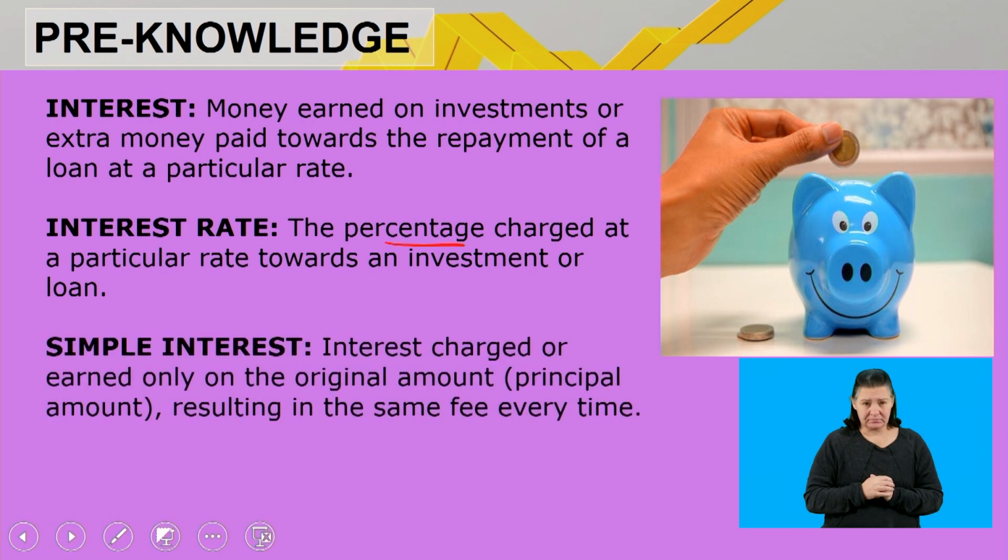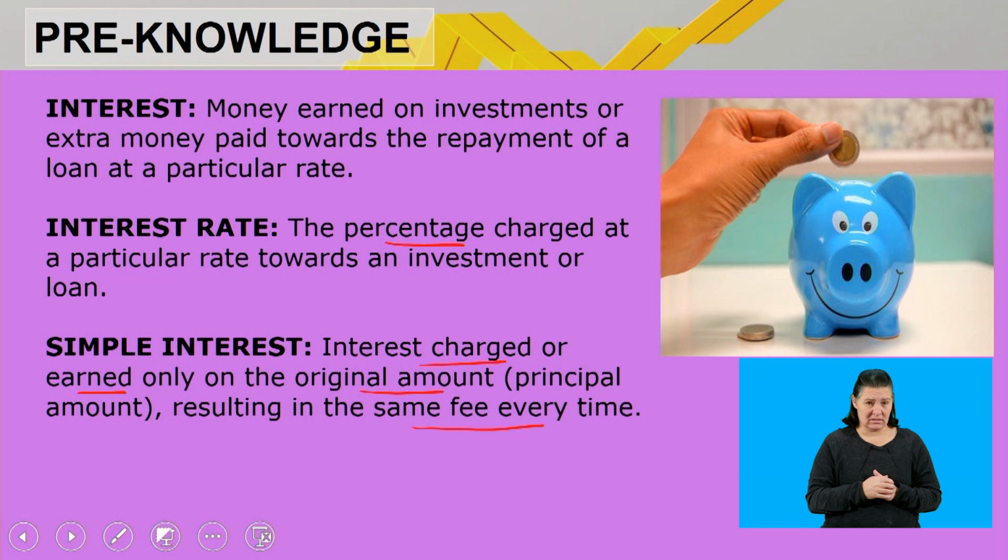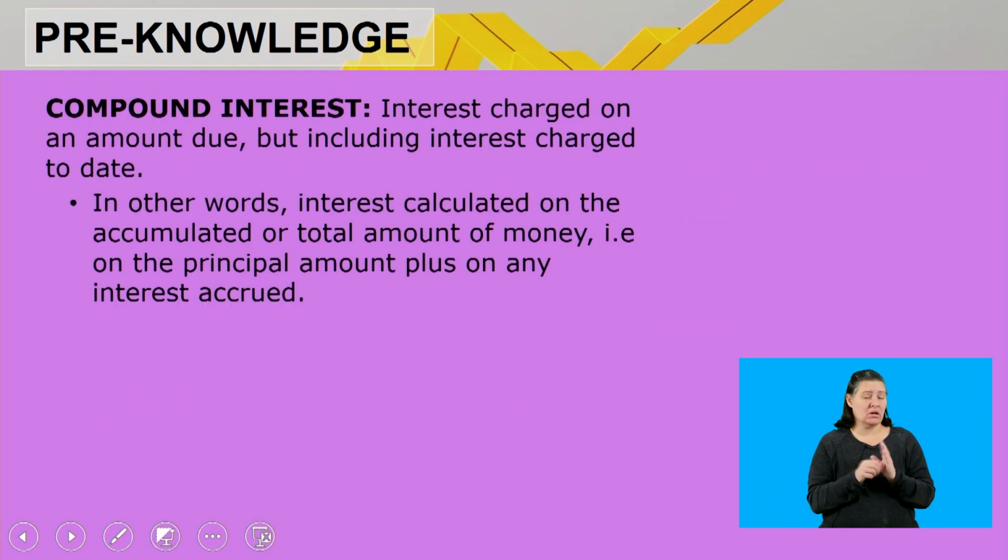Then I also indicated here that simple interest is interest charged or earned only on the original amount. Now, the original amount we also refer to as your principal amount, resulting in the same fee every time. So it's key to note, it's the interest charged on, or it can be interest earned on the original amount, the principal amount. Then also important is compound interest.